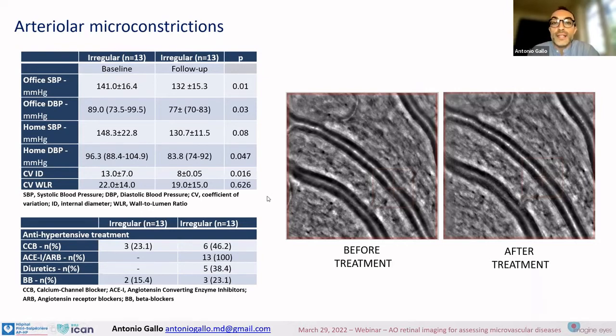So I really think that in hypertensive subjects with uncontrolled blood pressure, following up the state of the vascular morphology at the retinal microvessel level could help in depicting the response to treatment.